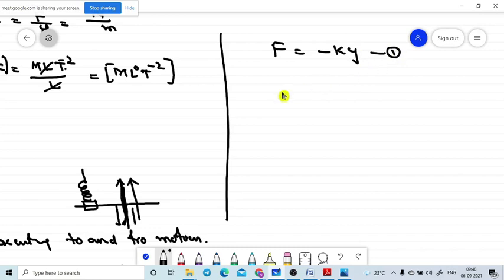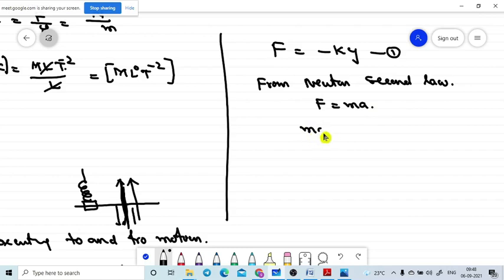From Newton's second law, F is equal to M A. So I am substituting it here: M A is equal to minus K Y. Sending this M to the other side, A is equal to minus K by M into Y we achieve.